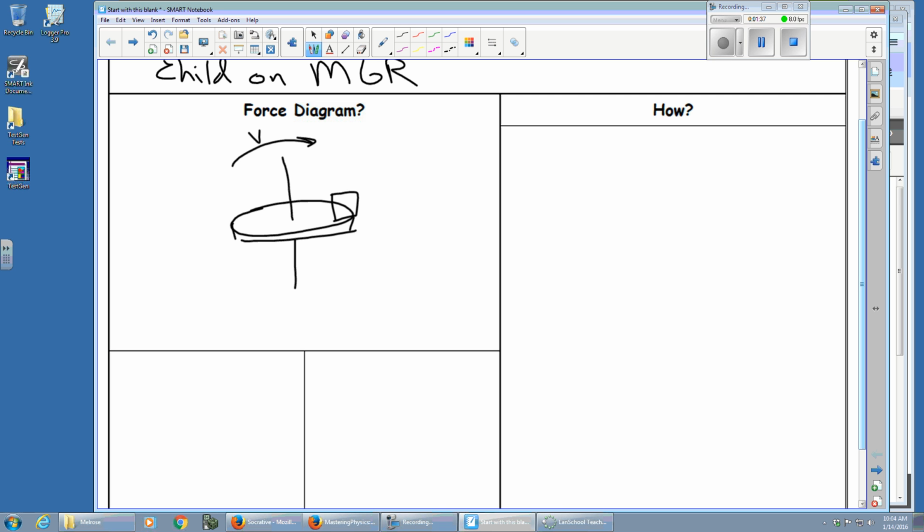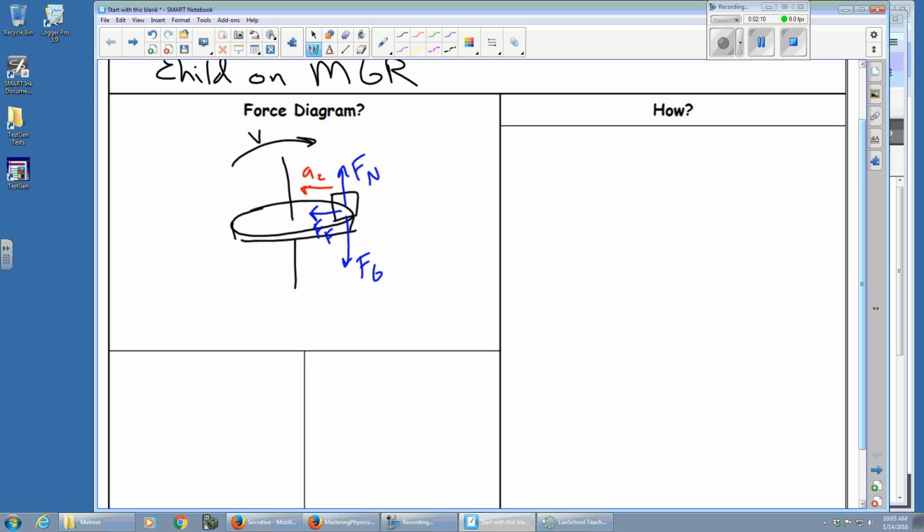So, the child would have weight down, would have a normal force upwards, and would have a frictional force inwards like that, and be accelerating towards the center since they're moving in a circle. And that might be the wording that you want to include underneath this.